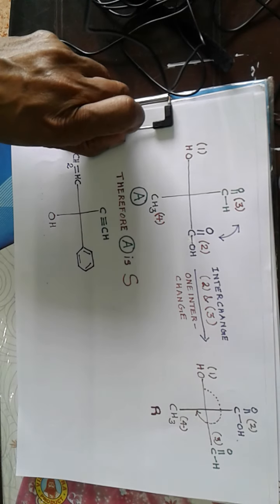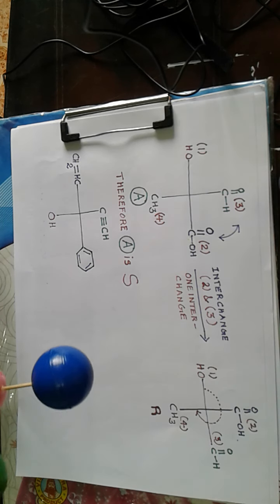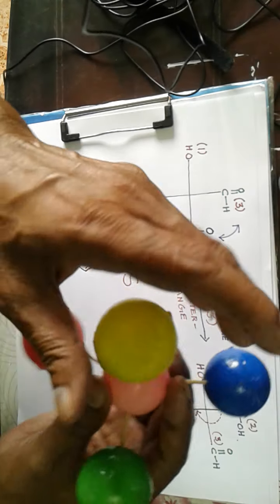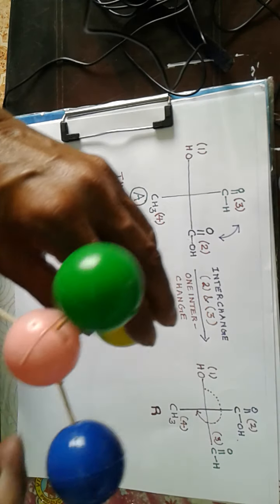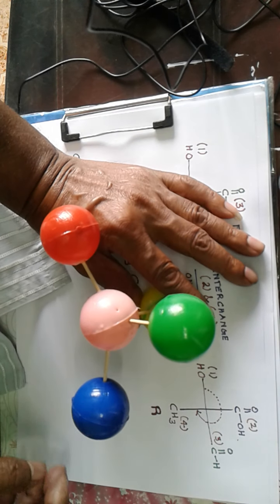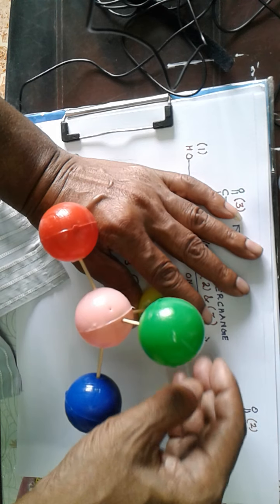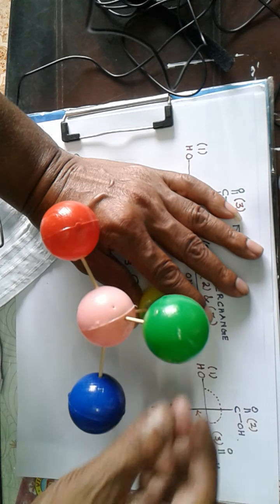Now by looking at the molecular model, we can say whether the configuration is R or S. Now you hold the model such that the group of least priority, that is fluorine, faces away from the observer. See, I am holding fluorine here.